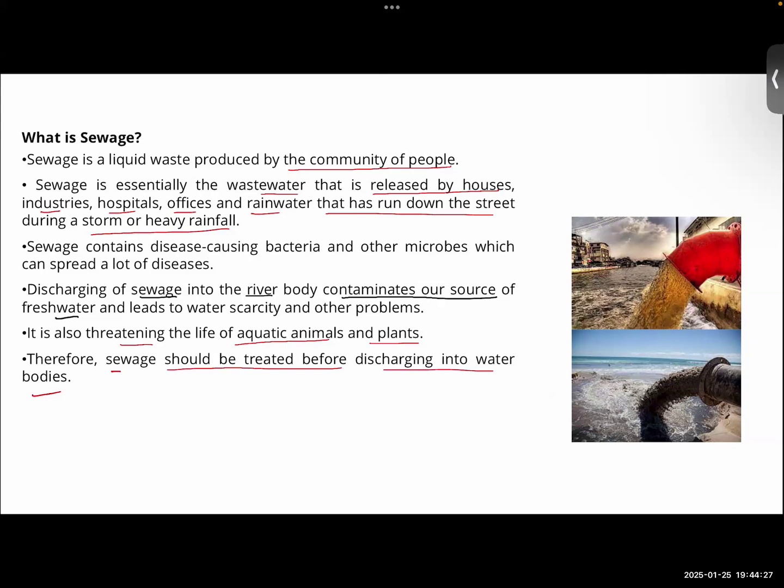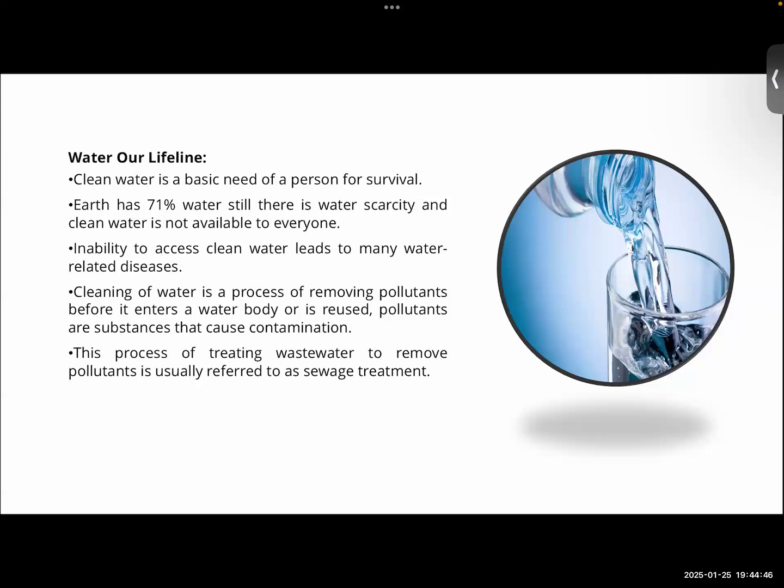Like, say a factory is discharging wastewater into a river, right? But what should be the right way to discharge it? First, it should be treated, meaning that all the harmful substances should be removed first, and only then should it be released into the water body. Getting it now? Yes, sir.